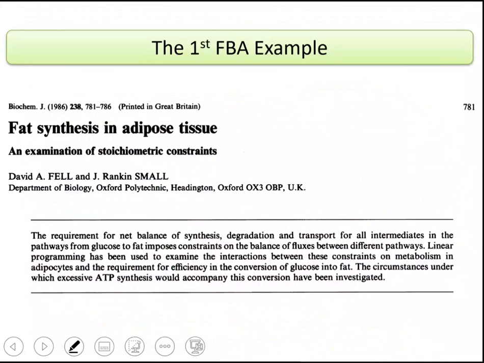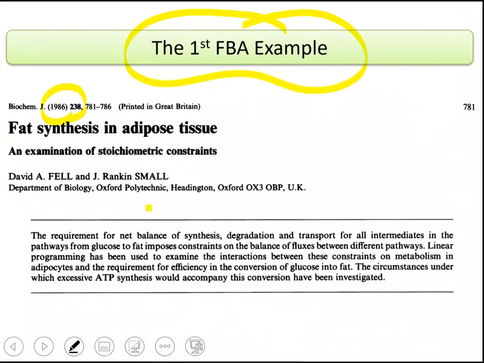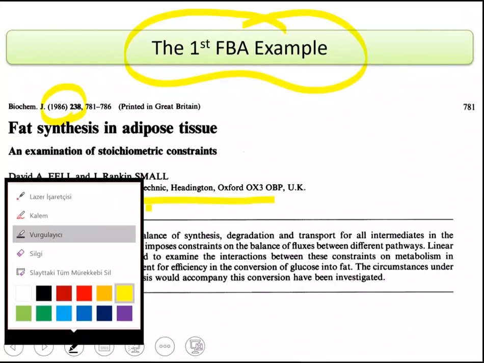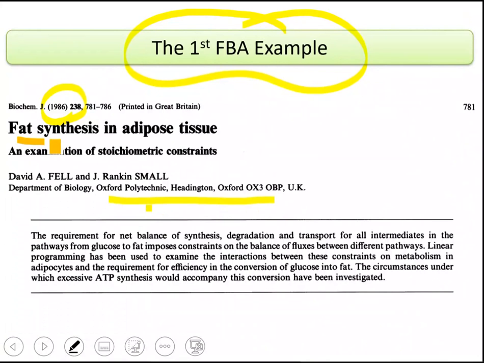Before proceeding, I would like to share with you the first FBA example in literature. It was published in 1986 by the scientists from Oxford Polytechnic. So the title says, Fat Synthesis in Adipose Tissue, an Examination of Stoichiometric Constraints.